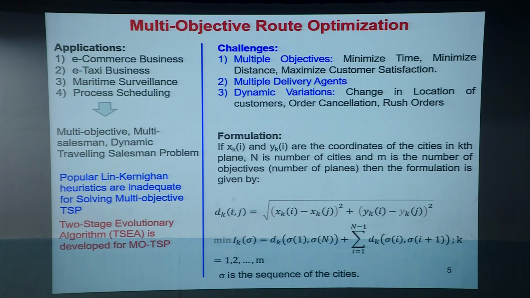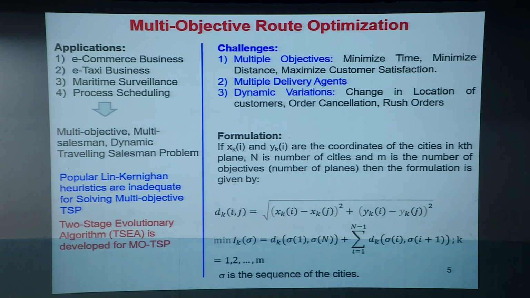But when we are solving the multi-objective problem, then this k varies from 1 all the way to m. So we are solving an m objective problem. There are m planes, and in each plane we are minimizing the tour distance simultaneously, while keeping the index i common in all planes.